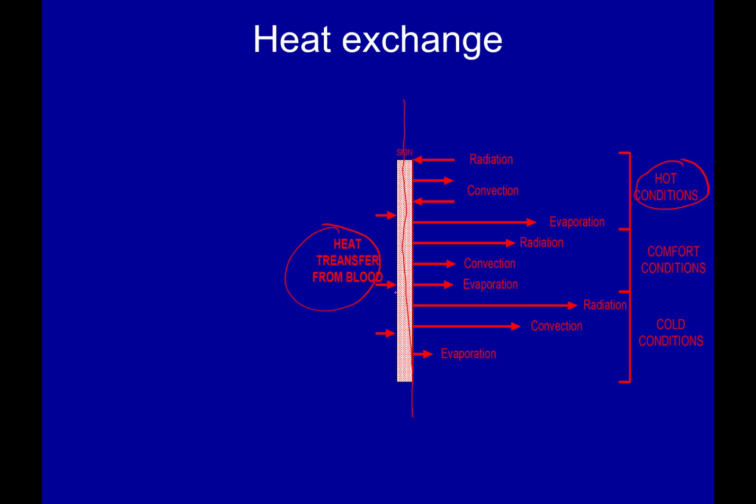Okay. So when the outside temperature conditions are hot, you see this upper section. The heat is transferred from outside to the skin by radiation. Heat is transferred by convection to the outside, or it is also received by the body.